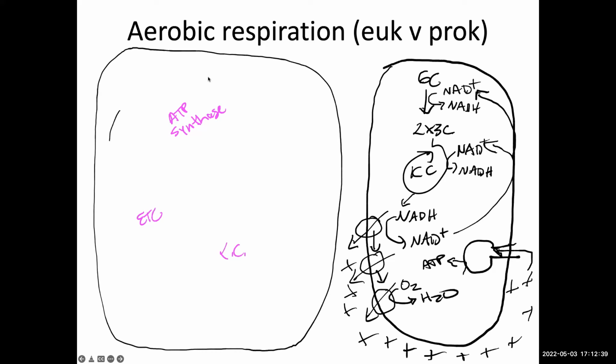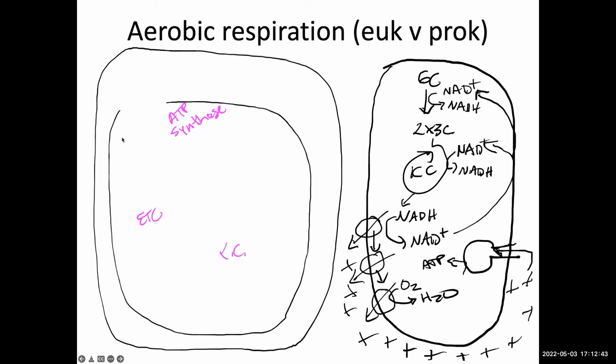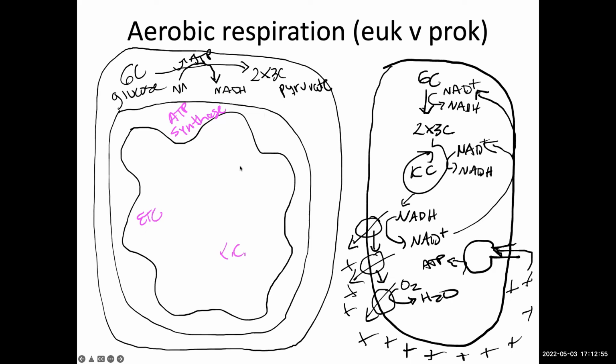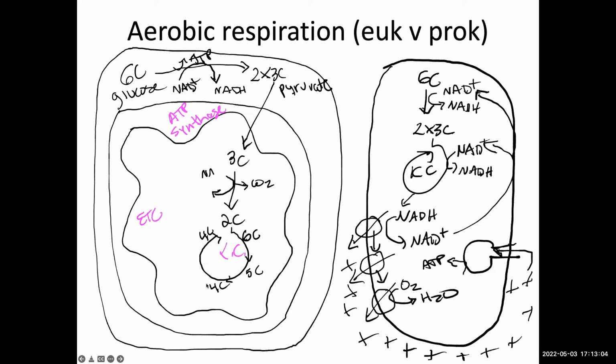And in comparison to that, in a eukaryotic cell, we have the inner and outer membrane of the mitochondrion, the cytoplasm, the matrix. Glycolysis is happening in the cytoplasm. We get pyruvate, we import it across the 2 membranes of the mitochondrion to end up in the matrix. And at that point, we modify it, we send it to the Krebs cycle, and we extract as many electrons as we can, making NADH.